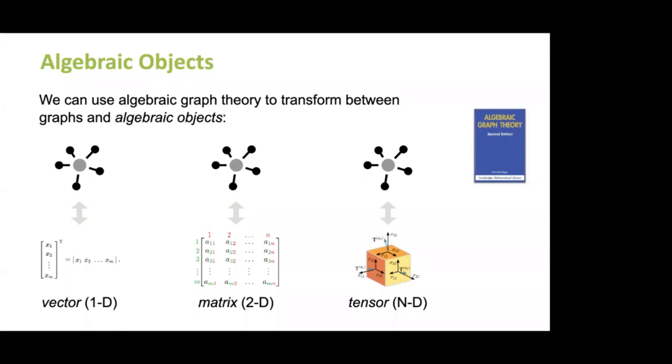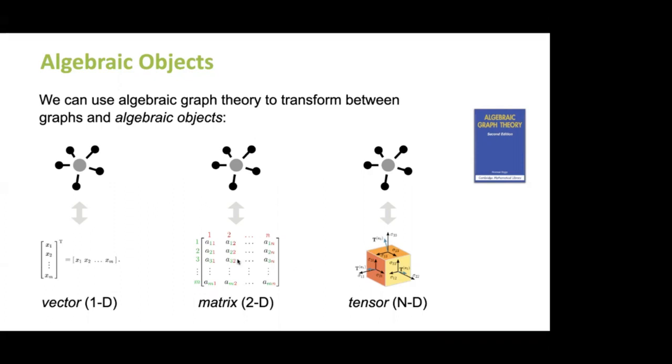Examples of algebraic objects include vectors, matrices, tensors. If you want to go beyond tensors, you can get into some really bizarre stuff like circulants. But the idea is that we can represent graphs to some degree, to some dimensionality, by using these different types of algebraic objects. And typically we can have transforms and inverse transforms to go back and forth.